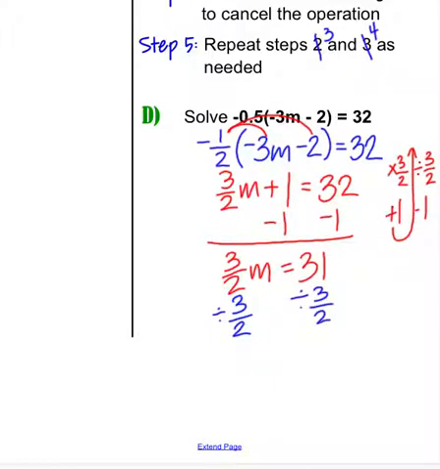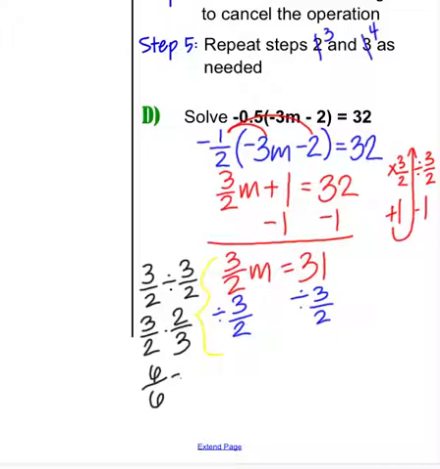And the reason why this part works is because, remember, 3/2 divided by 3/2, we do keep, flip, change. 3/2 times 2/3, 3 times 2 is 6, 2 times 3 is 6, 6 divided by 6 is 1, which is why these get to cancel, leaving us with m.